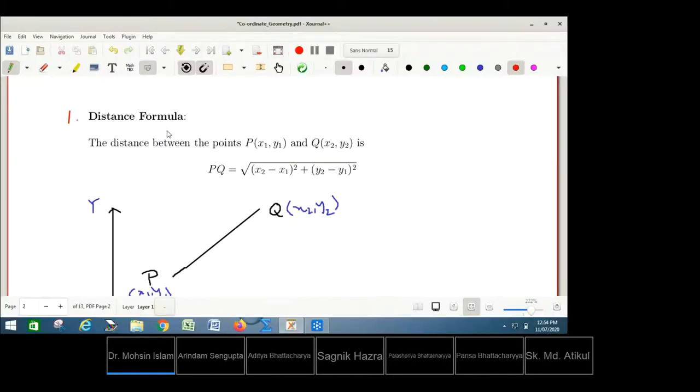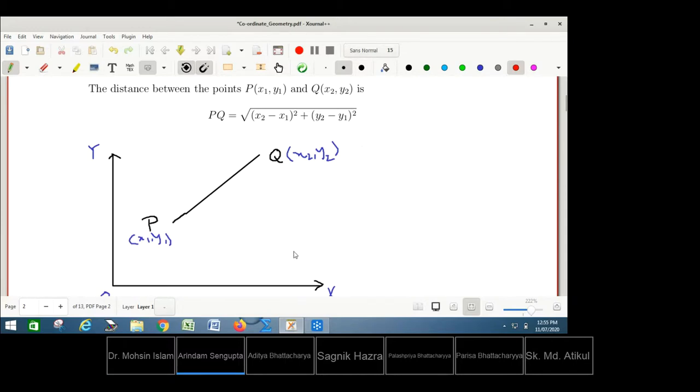You have two points P and Q. P is (x1, y1), Q is (x2, y2). The distance between P and Q is given by the square root of (x2 minus x1) whole square plus (y2 minus y1) whole square. Okay, good, very good.